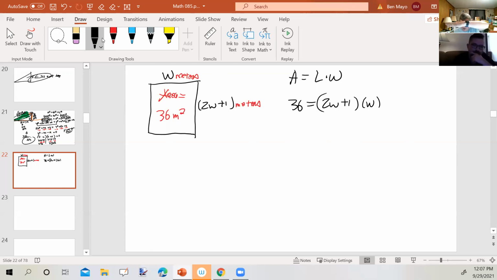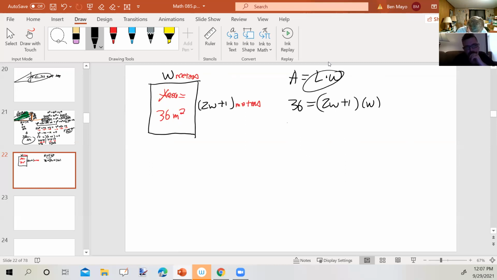Others say that the horizontal side is the length and the vertical side is the width, in which case the length would be W and the width would be 2W plus 1. But in either case, you're multiplying them, and multiplication is commutative. So to solve this, it doesn't matter. It would not be a fair question for me to say, looking at this example, what's the length or what's the width? Because there's still debate about that, okay? I'm not going to do that.